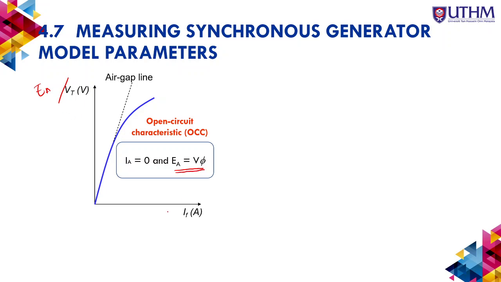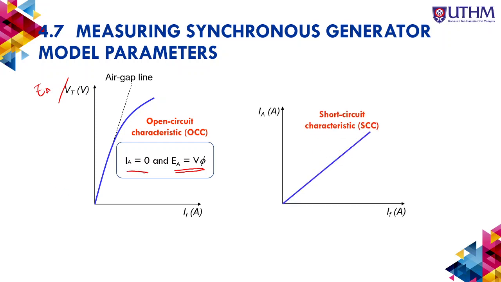As the field current increases, the V phase also increases, and IA will be 0 because it is open circuit. There is a saturated curve.